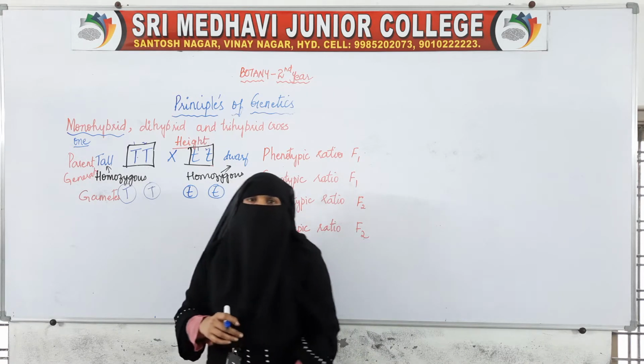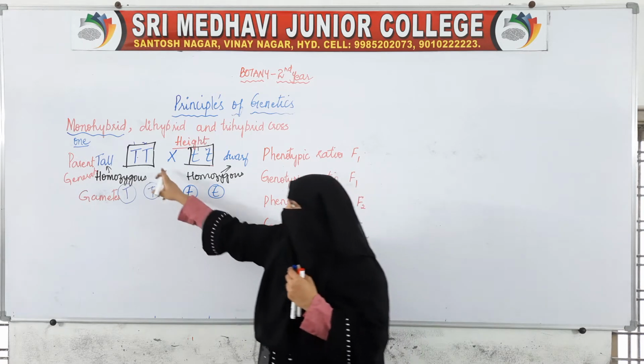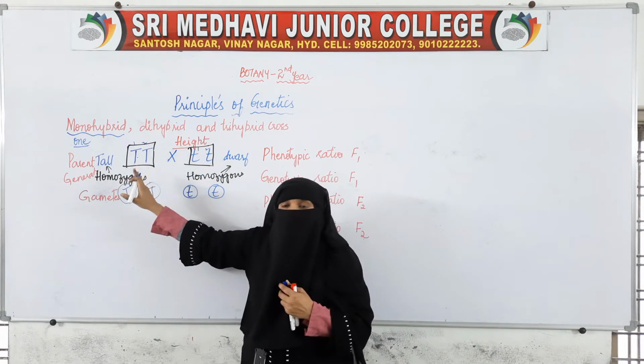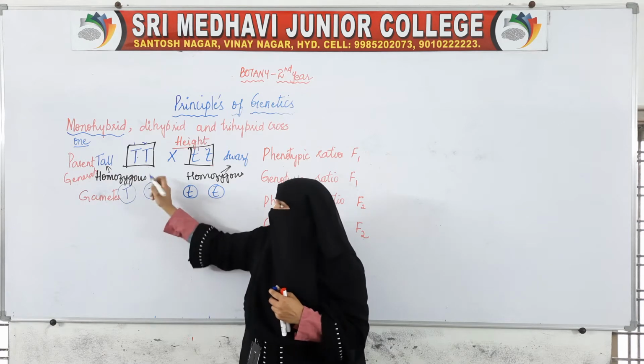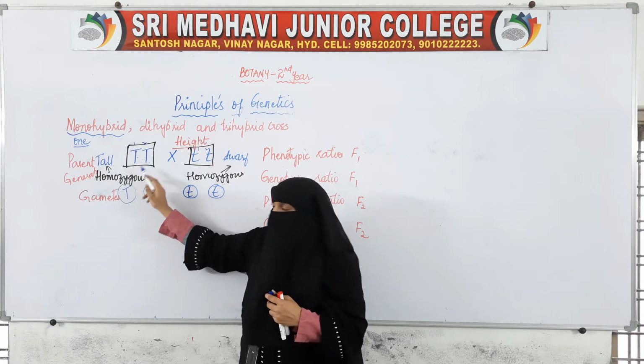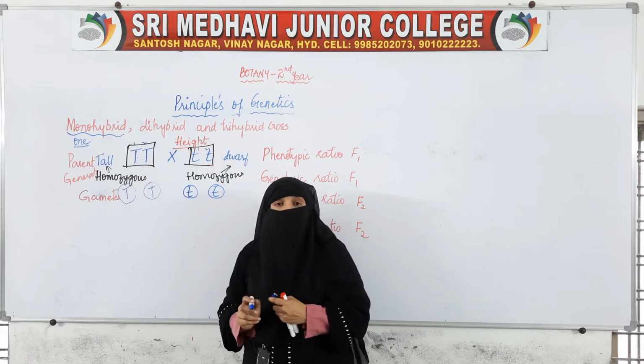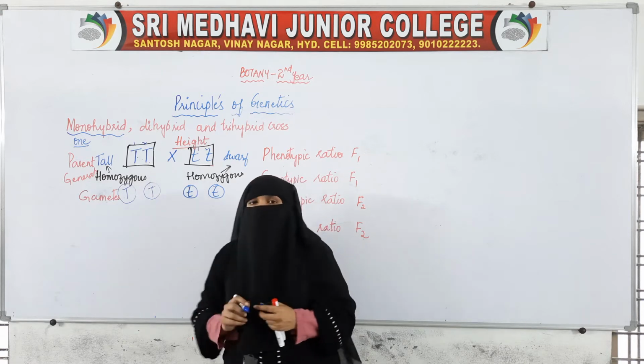In gamete formation, only half of the content goes to the new cell. This is the parent cell and these are the new cells. There were two, now half goes to one and half goes to the other. This is how gamete formation takes place by meiosis.